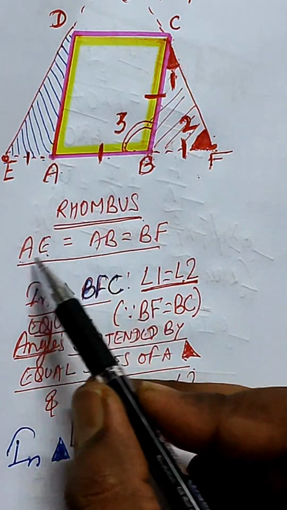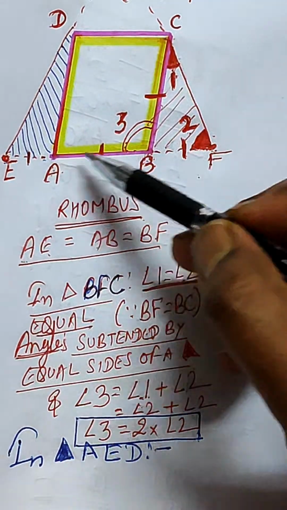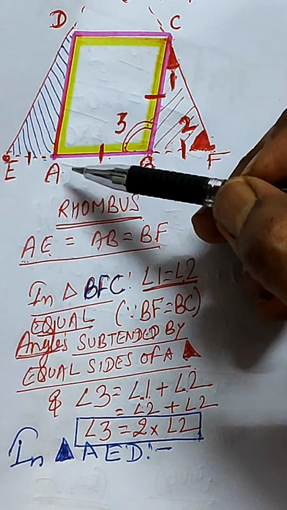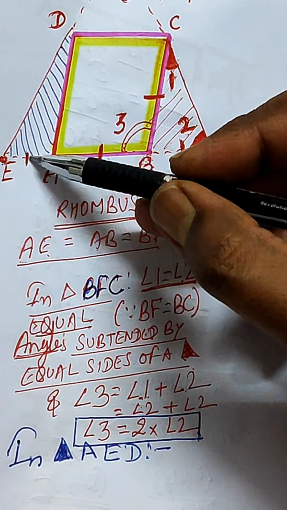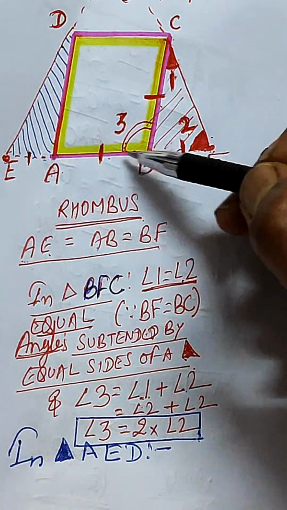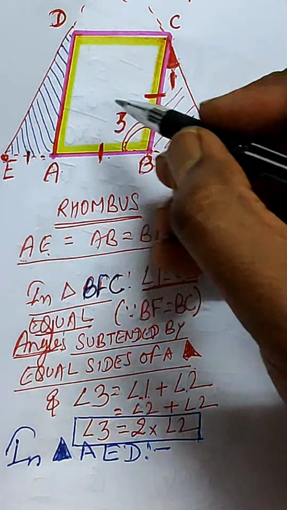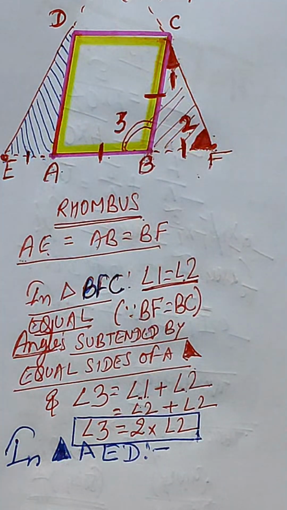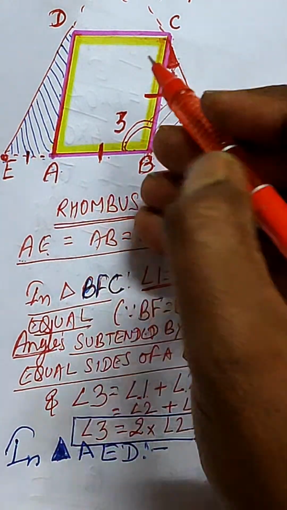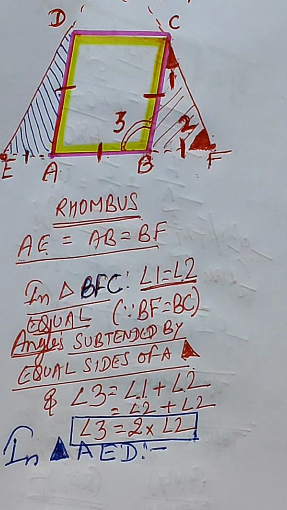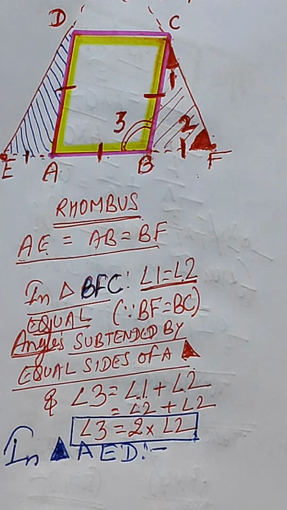This is given to you, right? Since AB equal to AE, and AB is equal to AD also, right? AB is equal to AD also, because these are the sides of a rhombus. All the sides of a rhombus are equal, okay?